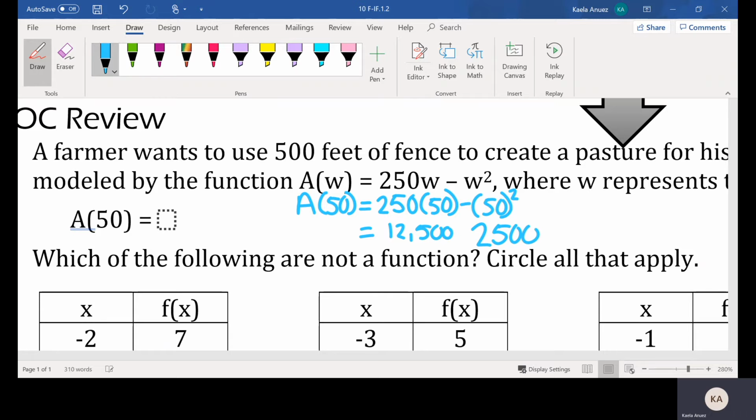So 12,500 minus 2,500 is going to give us 10,000.